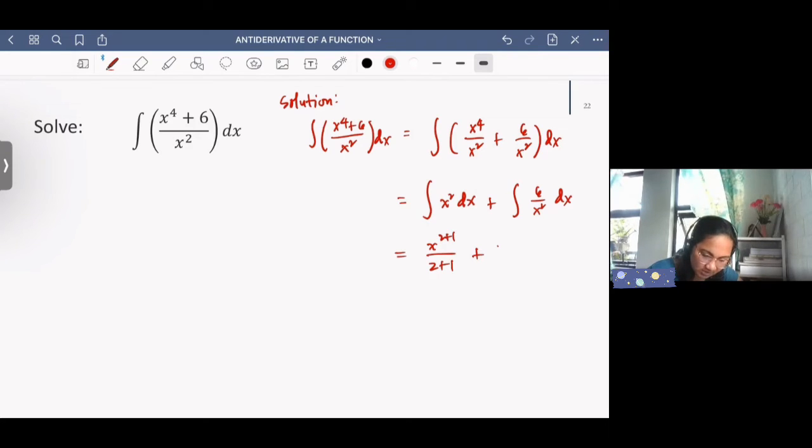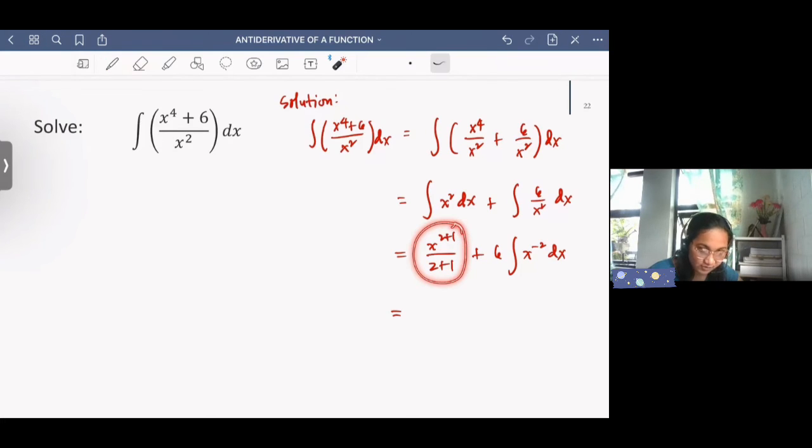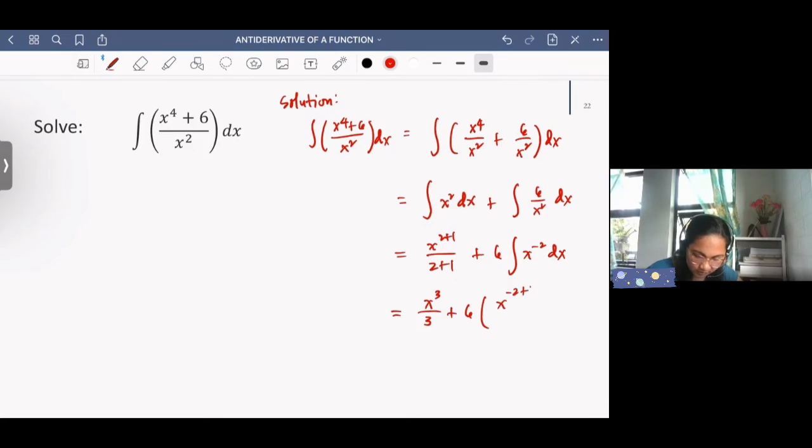So this is 6 times the integral of x raised to negative 2 dx. And we will also apply the power rule for x raised to negative 2. But for now, let us simplify the first term. So, x raised to 3 divided by 3 plus 6 times the quantity x raised to negative 2 plus 1 divided by negative 2 plus 1 plus c.